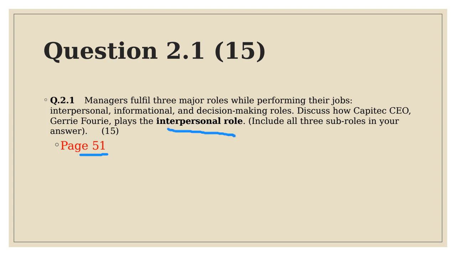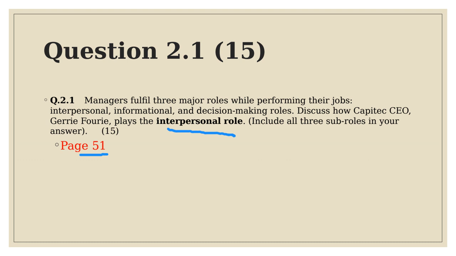Underneath it, you will see there are 3 different subheadings of what it means when I'm dealing with people. As a leader, it's my job to connect with people and build relationships with people. And in order to do that, I need to be a figurehead, a leader, a liaison. Those are our 3 sub roles that you are then going to explain in more detail. So we're looking at the 3 roles, and then we focus on the interpersonal ones.